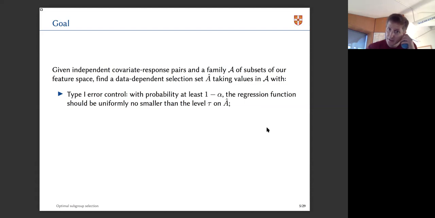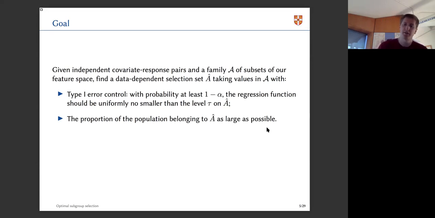But of course, it's very easy to satisfy that requirement just by outputting the empty set, and that's not very interesting to us. So subject to that requirement, I want the proportion of the population belonging to this data-dependent selection set A hat to be as large as possible.